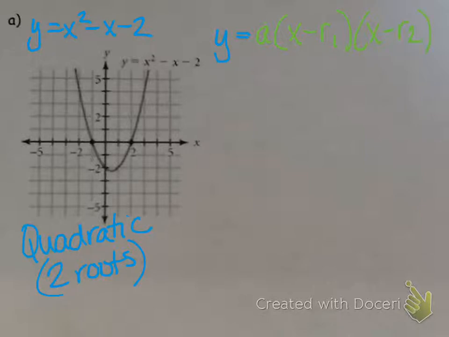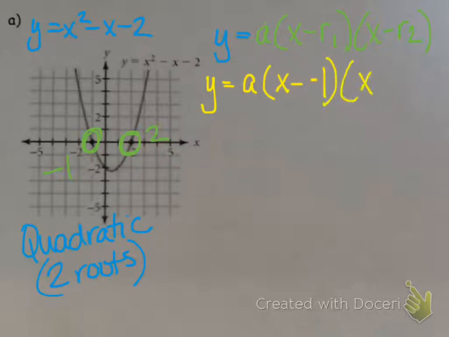Here's one root, that's negative 1. Here's the other root at 2. So I'll have y equals a times x minus negative 1 times x minus 2. Minus a negative becomes addition, so I'm just going to change that.